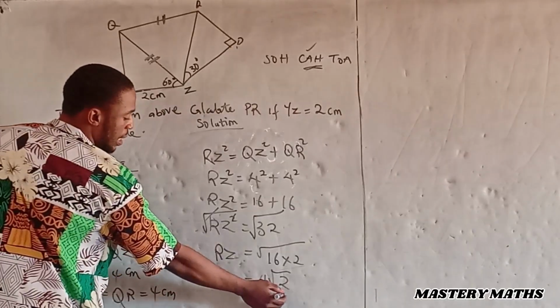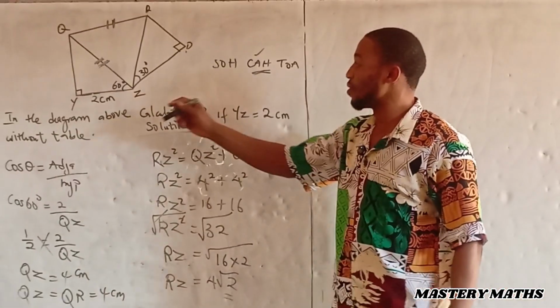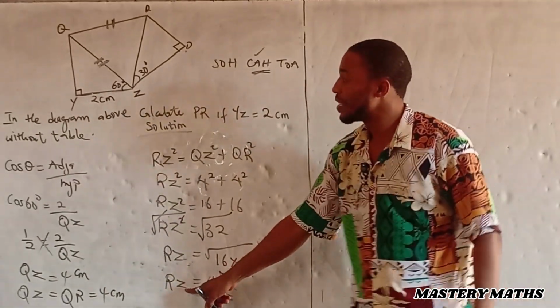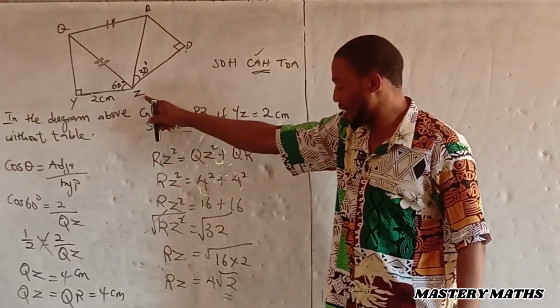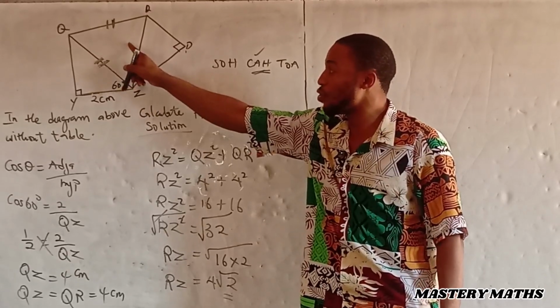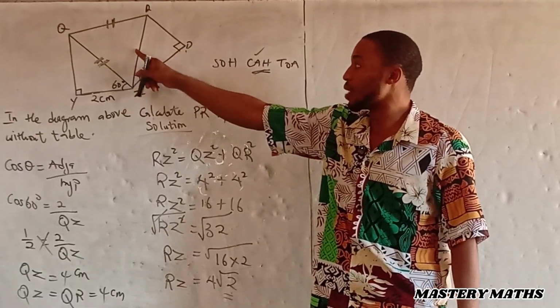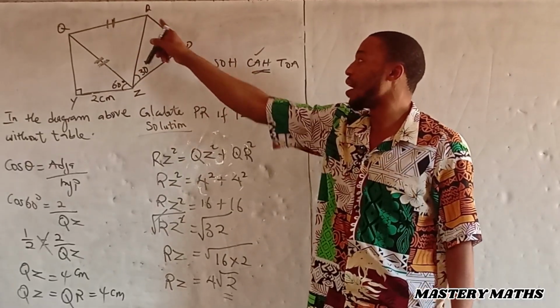So our RZ is 4 root 2. Now we've gotten our RZ. So this side will be 4 root 2. Now with this 4 root 2, we'll be able to get our PR.